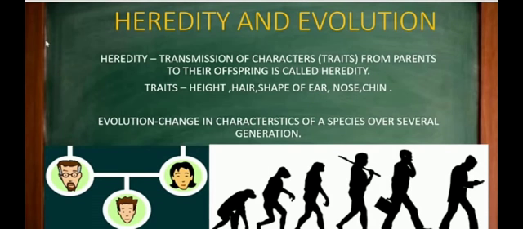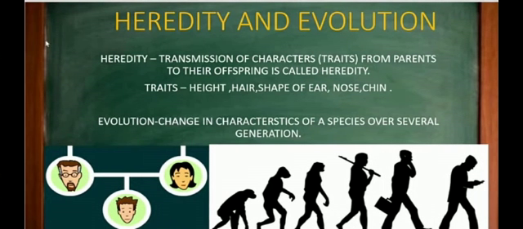Evolution is the change in characteristic of a species over several generations. Means the change which is going on in the characteristics generation after generation, we call it evolution.